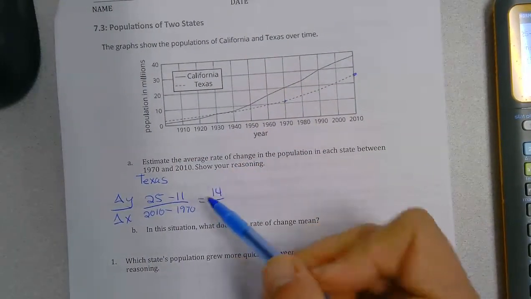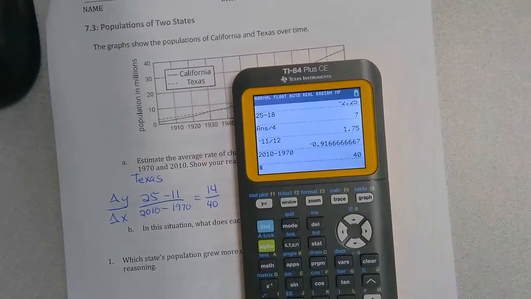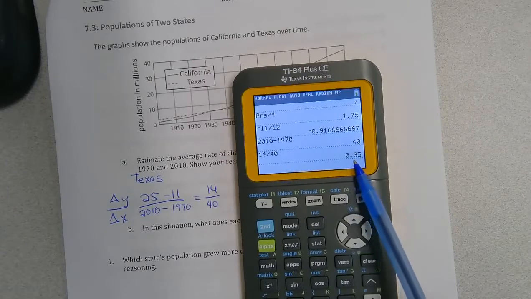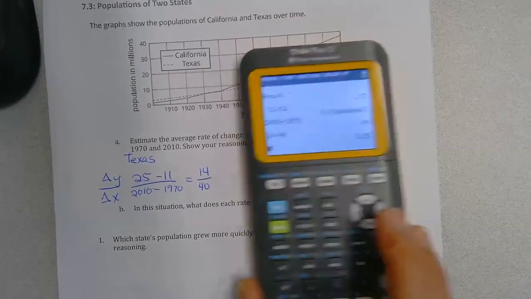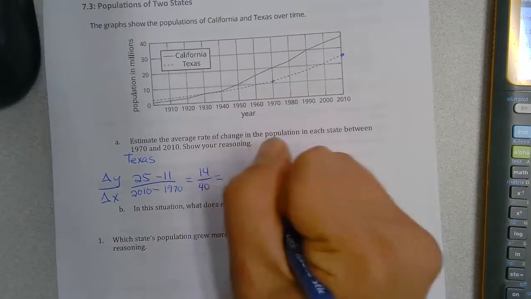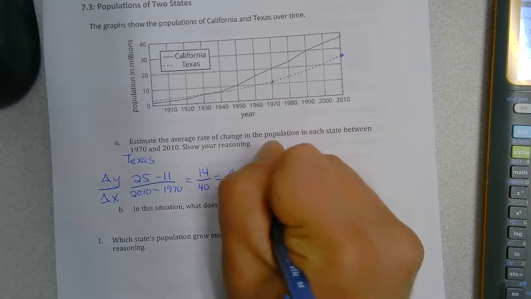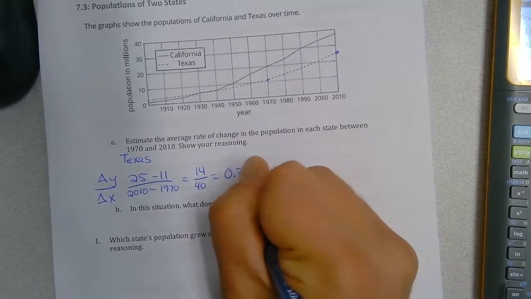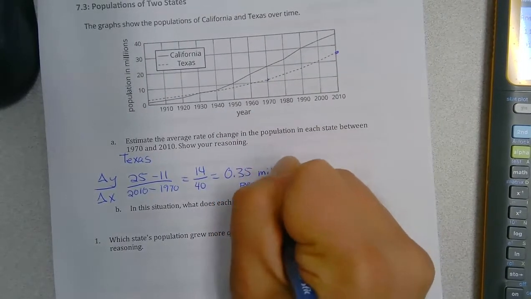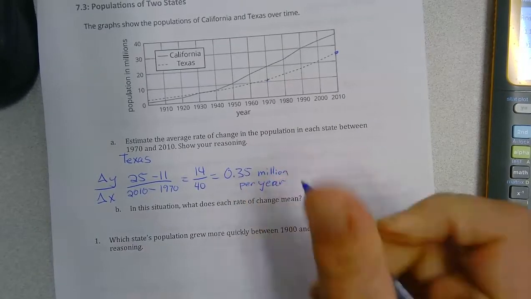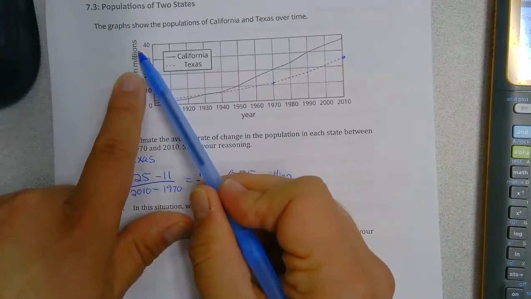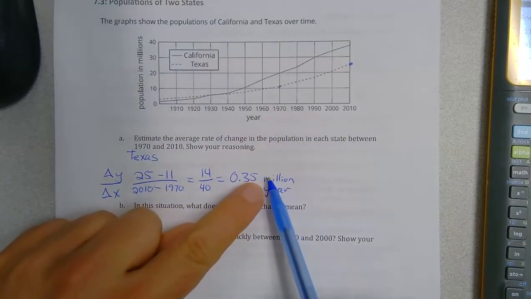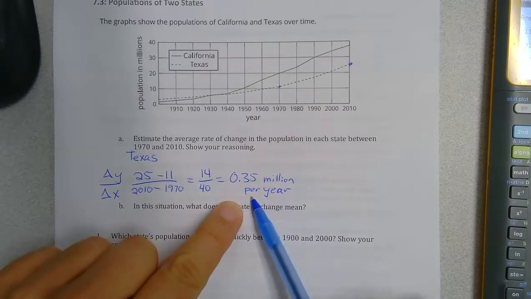So we went up 14 million over 40 years. So if you divided that, that means I'm going up by 0.35 million per year. So again, how you get that, if the Y variable is in millions and the X variable is in years, that's how I get my increase of 0.35 million per year.